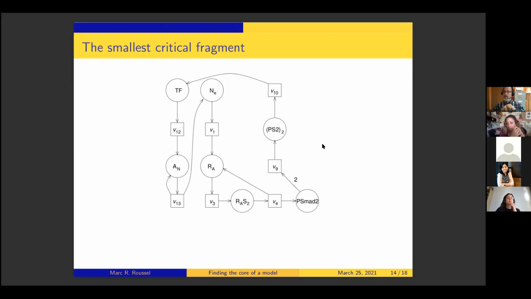One of them will not do. If you reduce that coefficient to 1, what happens is instead of a saddle node giving you bistability, you get a transcritical bifurcation. So the fragment is still critical, but the type of bifurcation changes. And that we can do a little bit of math behind to kind of show that.